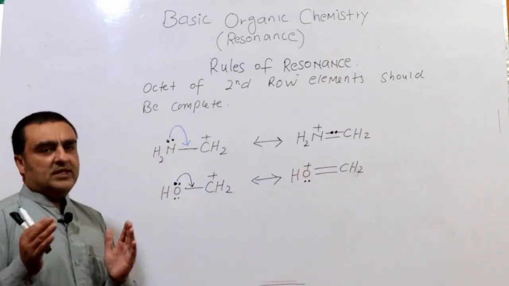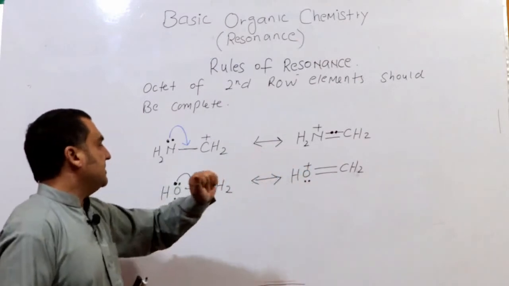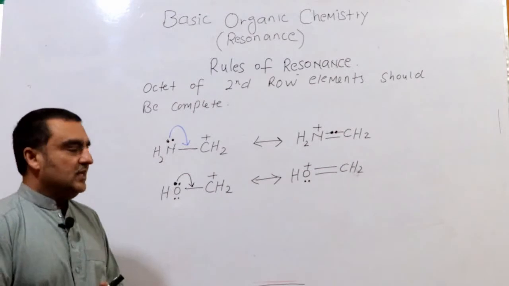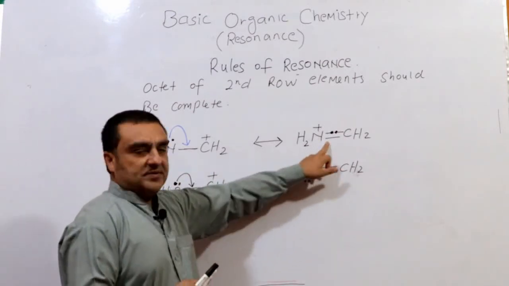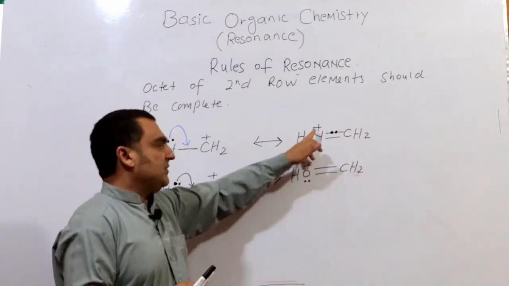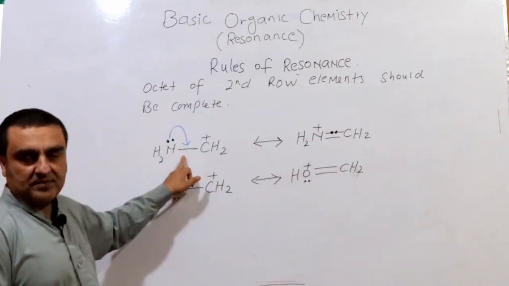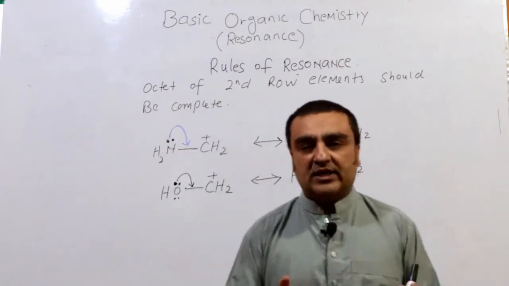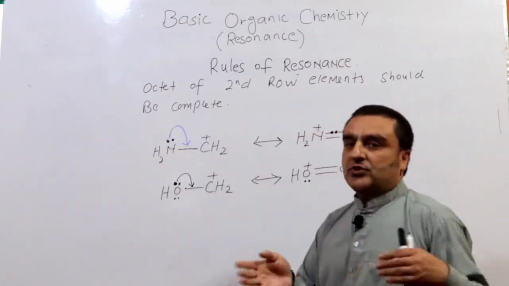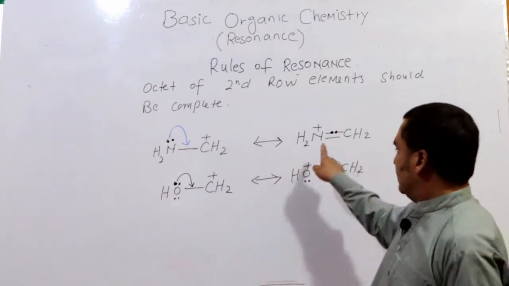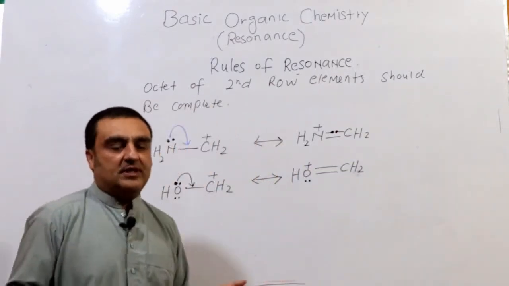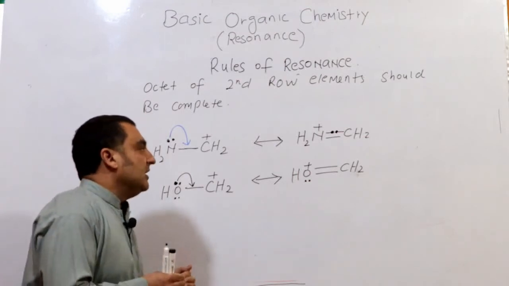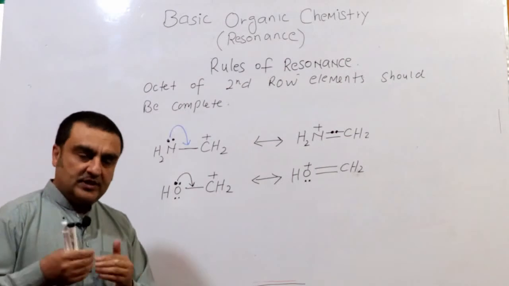Again as you see, this structure is better than this one and this is better than this one. Here more covalent bonds are present and one charge. Here fewer covalent bonds are present and one charge. So this again obeys the first rule, that the more the covalent bonds, the better the structure. As I mentioned earlier, we are right now not interested in the actual structure.